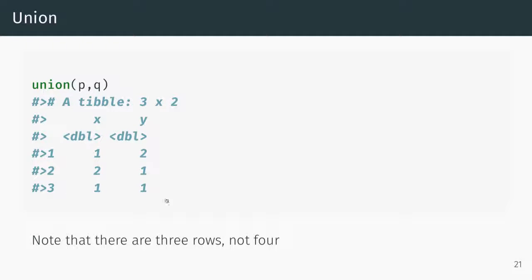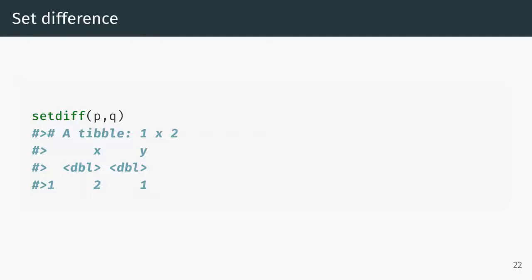But we only get one copy of row 1, so we get no duplicates of row 1. The set difference, there are actually two set differences. So there's the set difference of P given Q, which contains what's in P that's not in Q. And then there's also the set difference of Q given P, which contains what's in Q that's not in P.